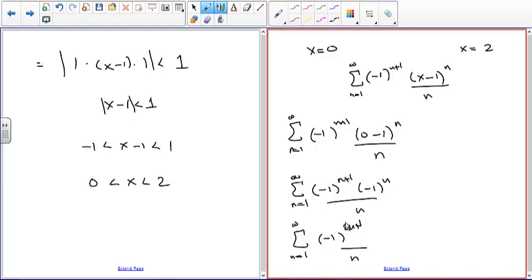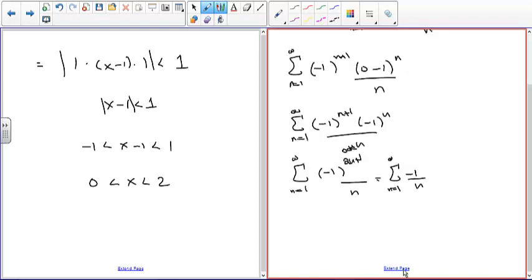Well, this is always odd. And if it's always odd, then this is going to just become negative 1. So I can simplify it down there. So you get negative 1 over n. And we've done this many times.